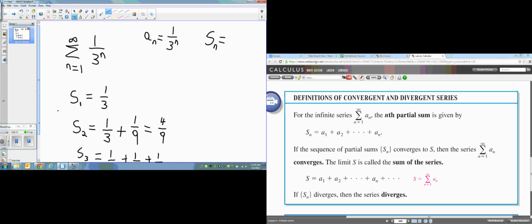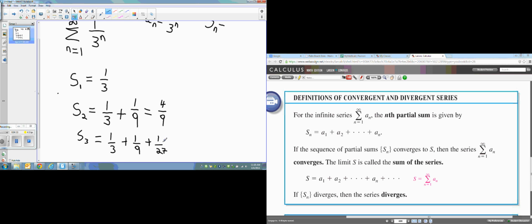The third term here is A3. When I add these up, what I'm creating is a series. And when I take a look at the partial sums of that series, it forms a sequence. S3 would be the third term in that sequence, and S3 in this case would be 13 over 27.